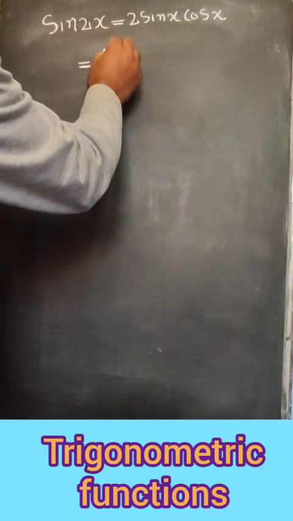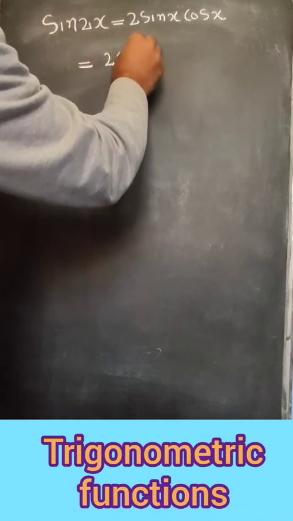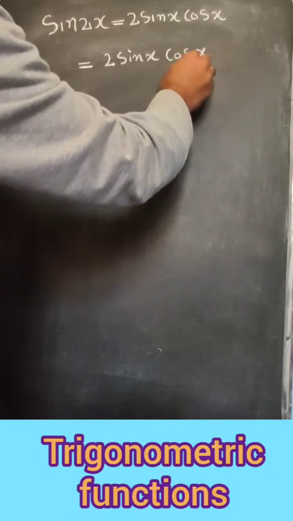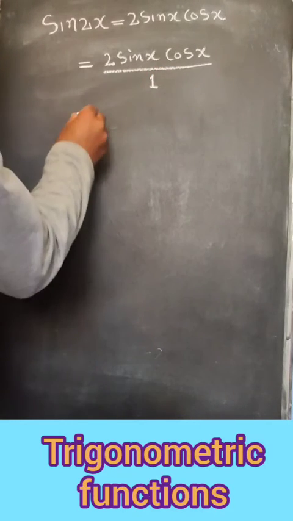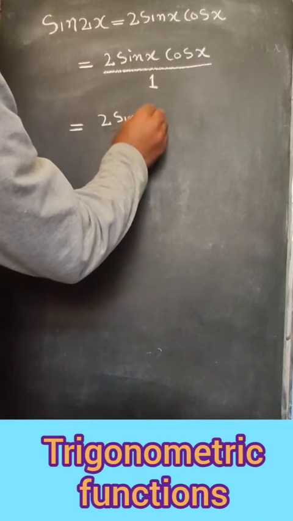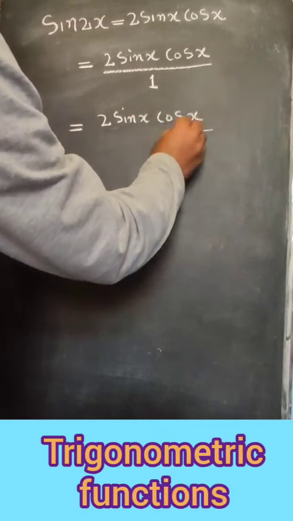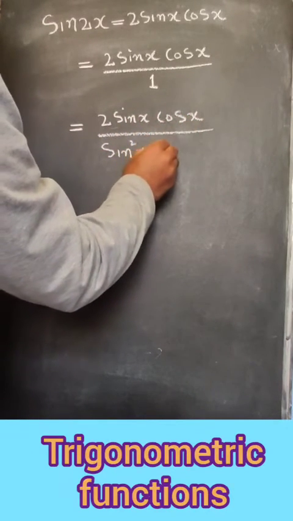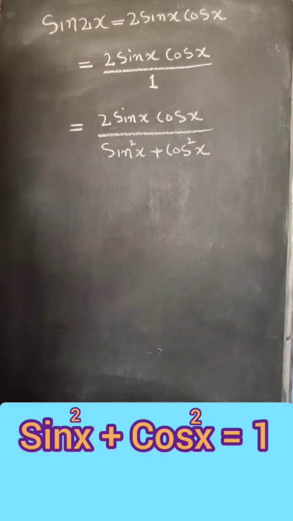That is equal to twice sine x cos x divided by 1, or twice sine x cos x divided by sine square x plus cos square x, because sine square x plus cos square x is equal to 1.